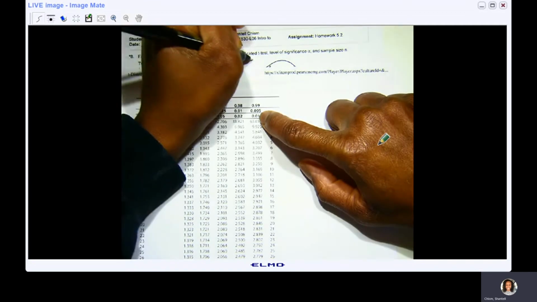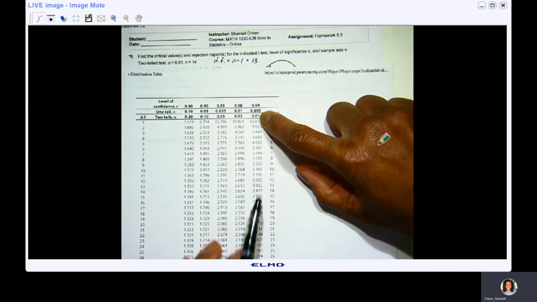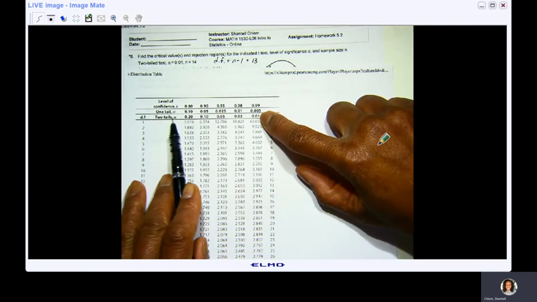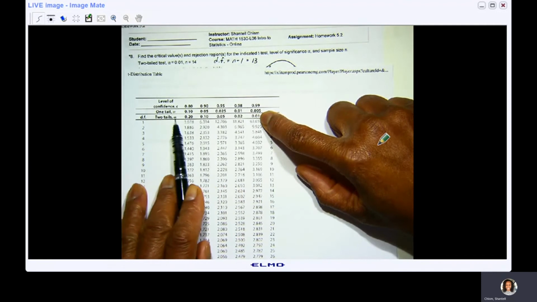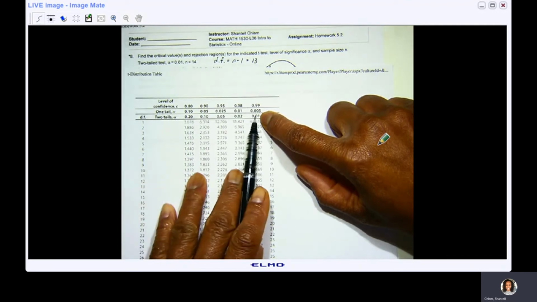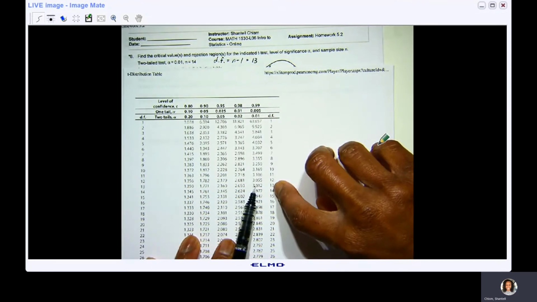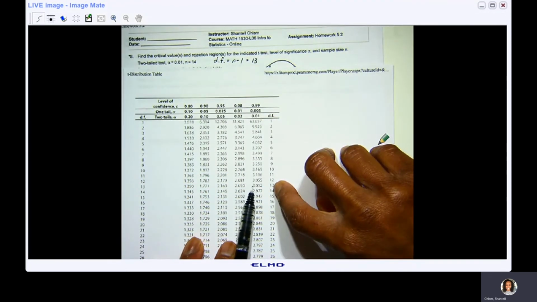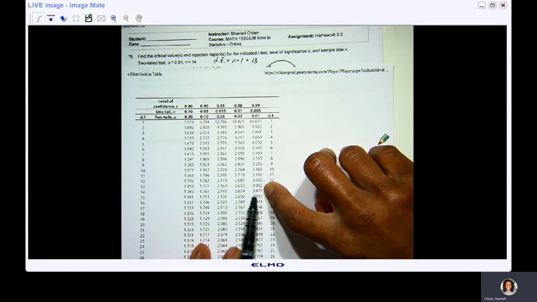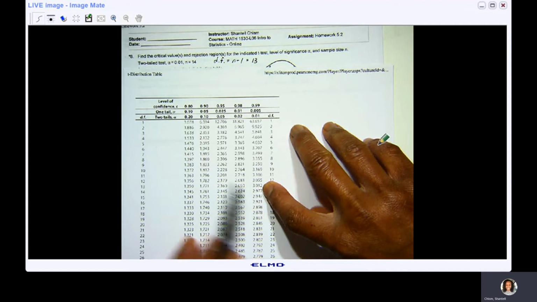Well, n is 14, so our degrees of freedom is 13. So here's the row we're going to be on, two-tail, with alpha 0.01. Then we go down until we see our degrees of freedom, which is 13. The value from our table is 3.012. So we have a negative 3.012 and a positive 3.012.